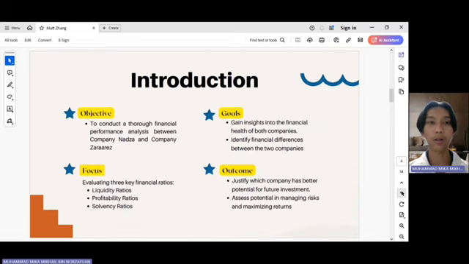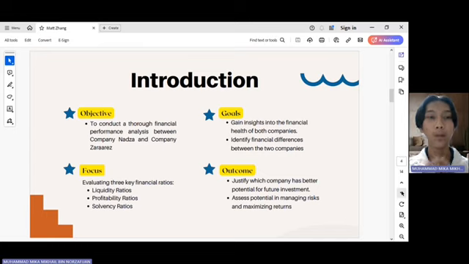I will be explaining our objective for this assignment. It is to conduct a thorough financial performance analysis between company Nasdaq and company Zara's. Our main goals are to get insight into the financial health of both companies and identify financial differences between them.